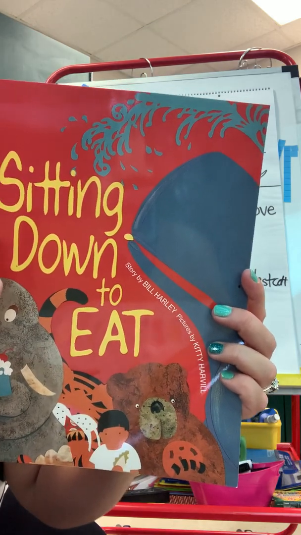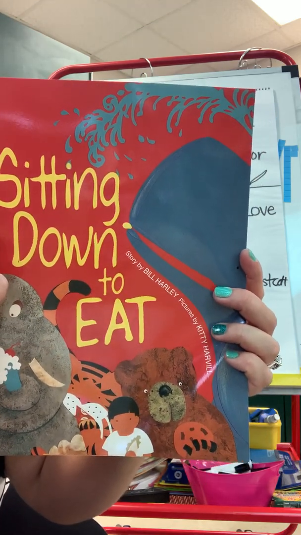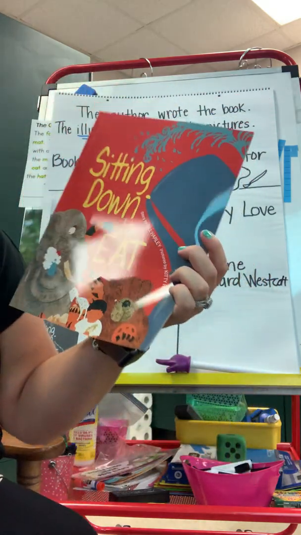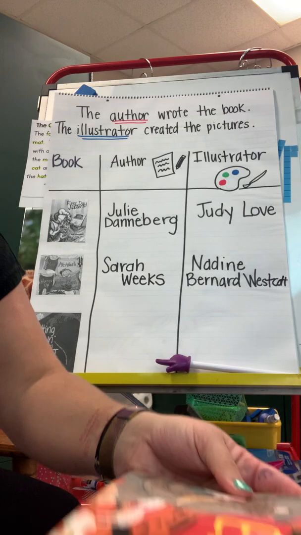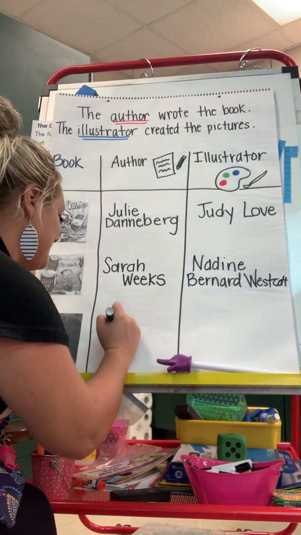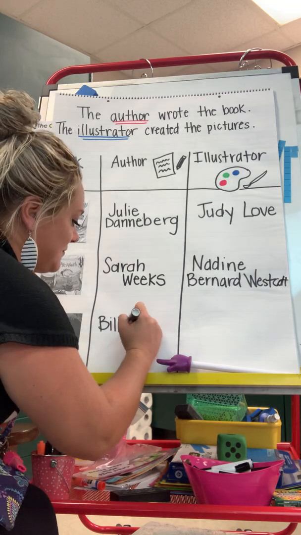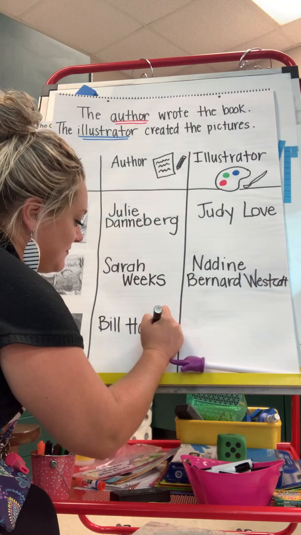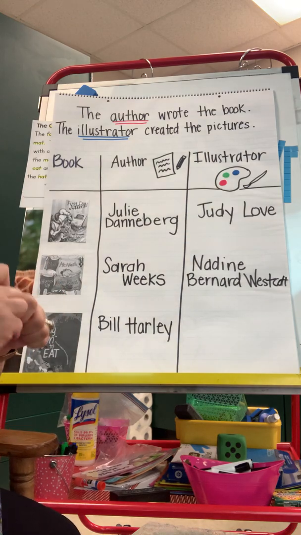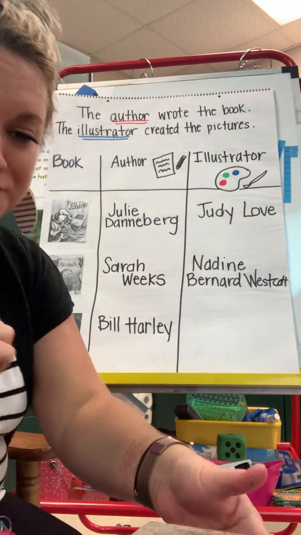If his name is first, what do you think? Yep, he wrote the words. So I'm going to write his name down, Bill Harley. Oops. Hey, that happens in real life class too.